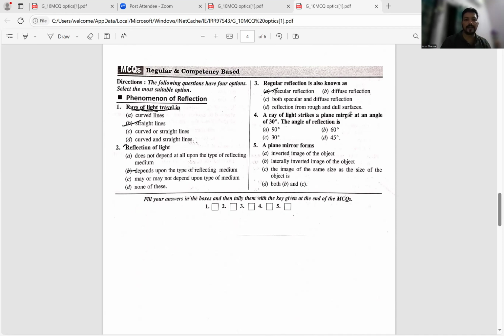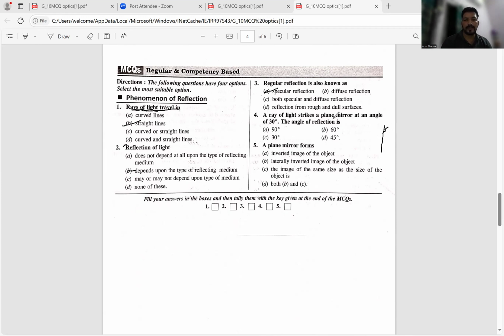The ray of light strikes a plane mirror. A plane mirror is polished with silver color. Why? Because it is the best reflector of light. The ray of light strikes a plane mirror at an angle of 30 degrees. Listen carefully. So what is the angle of reflection?